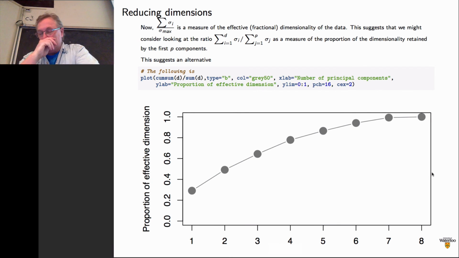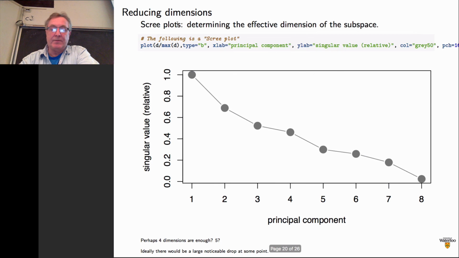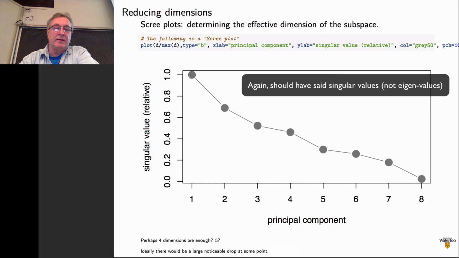You might look also at what proportion. You can think about the singular values. If I look at the eigenvalues here, this direction is the best defined, this is second best defined, third best defined.